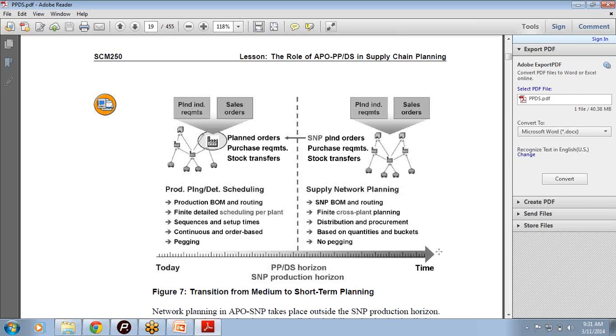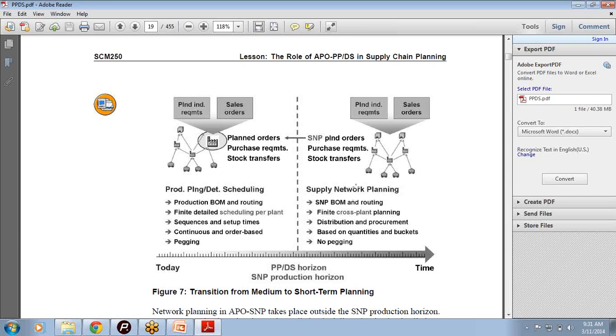This planning is done up to a level of 6 to 8 months in SNP, and when we come to a horizon of the next 15 or 20 days, we do the planning in PPDS. Typically, the orders which have been created in SNP, supply network planning, are converted into PPDS orders, production planning and detailed scheduling orders.